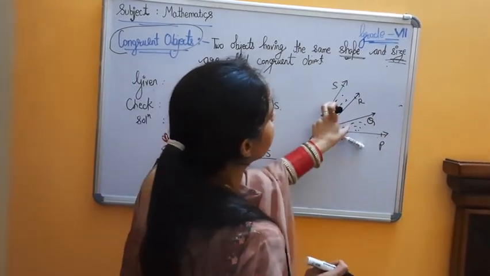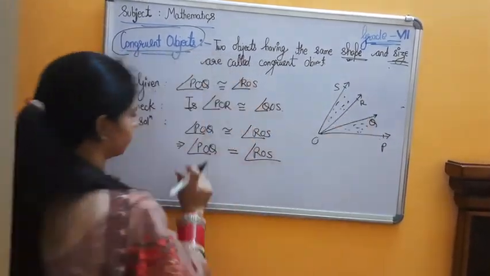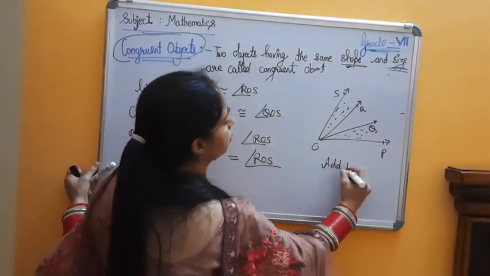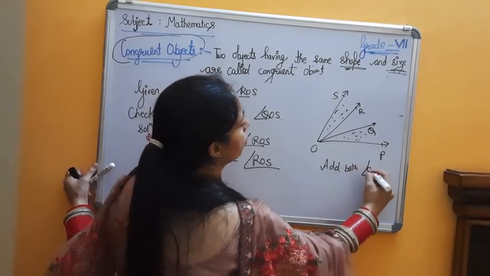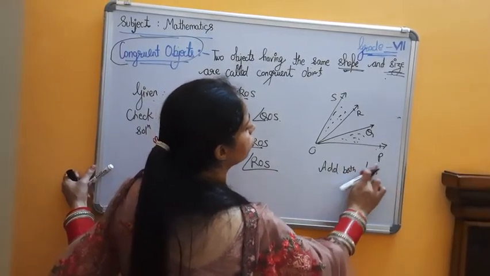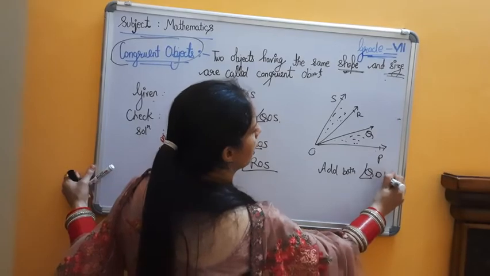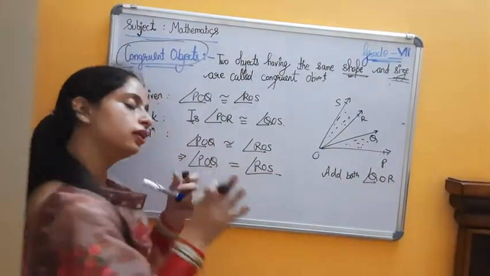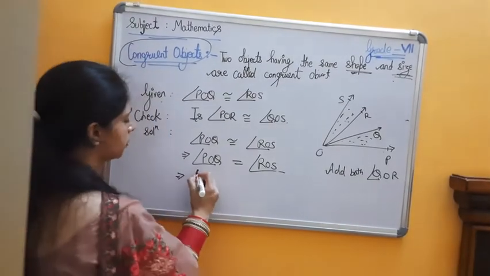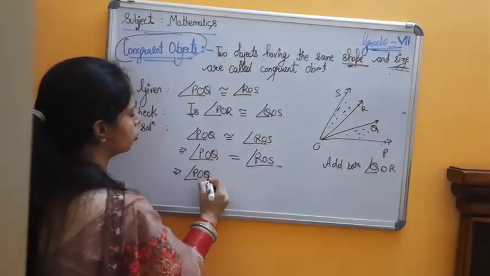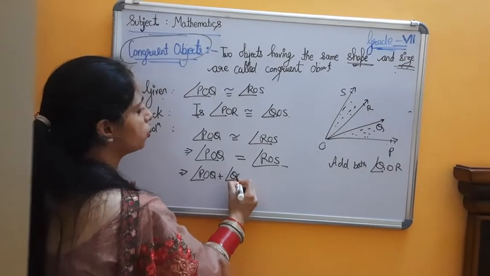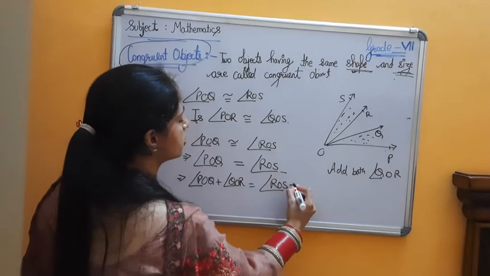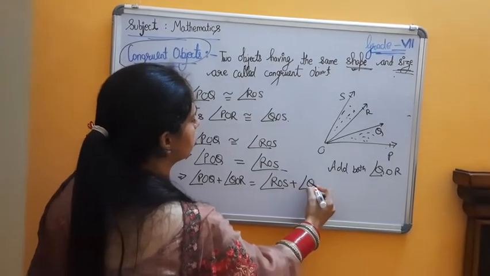See, between these two, angle QOR is common. So what we will do, we will add angle QOR to both sides. When we are adding the same thing on both sides, the answer remains the same. So angle POQ plus angle QOR equals angle ROS plus angle QOR.